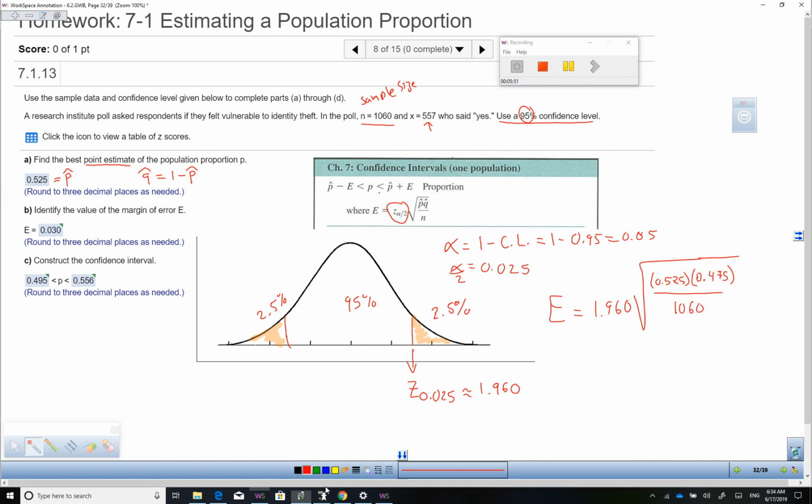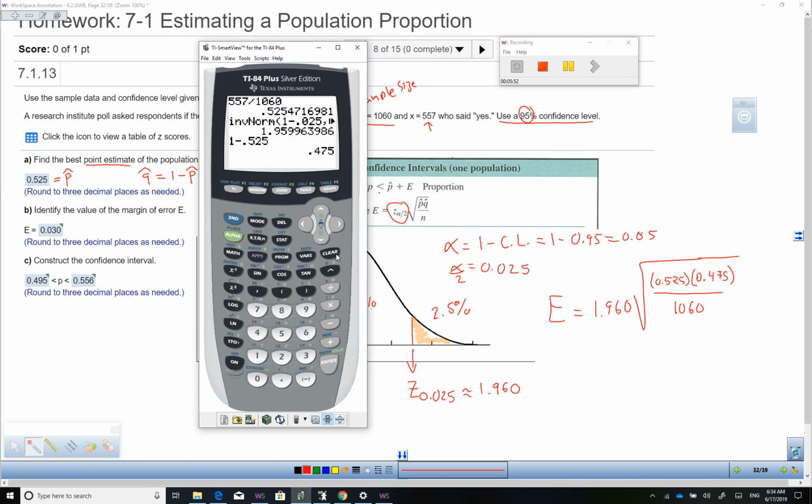Okay, so let's type on the calculator. What I'll do is type from the inside out. So let me type 0.525 times 0.475. Divide all these by the sample size, which is 1060.